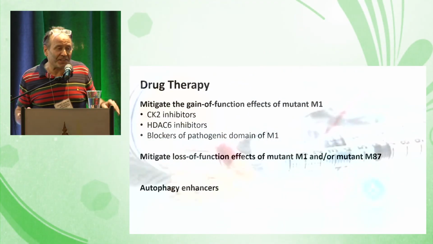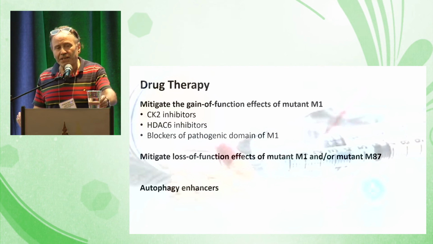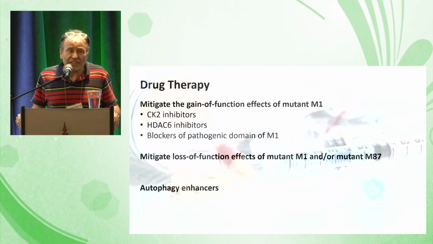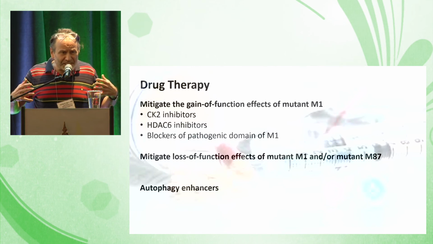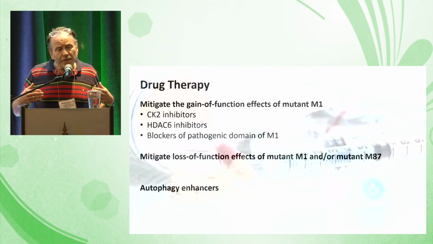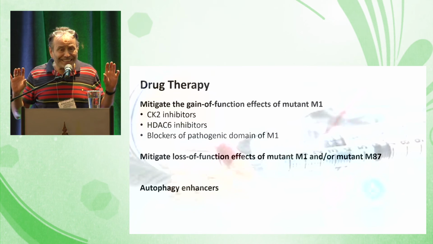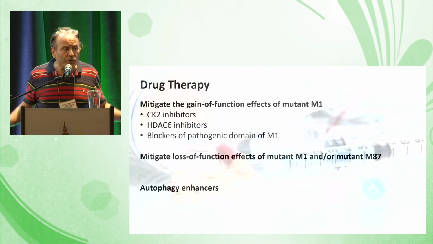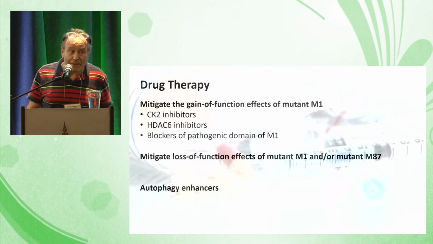One of the other things I think is a really good idea is, instead of going in with CK2 inhibitors or HDAC6 inhibitors, because these are enzymes you need in your body and you don't want to inhibit them too much, can we find inhibitors that will actually interact with that M1 specific domain and block it? So even if your spinal cord is full of this stuff, we put something in that blocks its toxicity. That should work pretty fast if we can find something. And I'm pretty excited about that possibility.